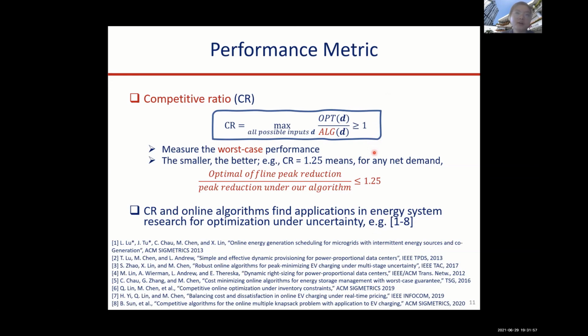For regret, it's the maximum difference between the performance of the two settings. That's the difference in definition. However, whether you choose competitive ratio or regret depends on your application. In our problem, we think that the competitive ratio is a better performance measure.